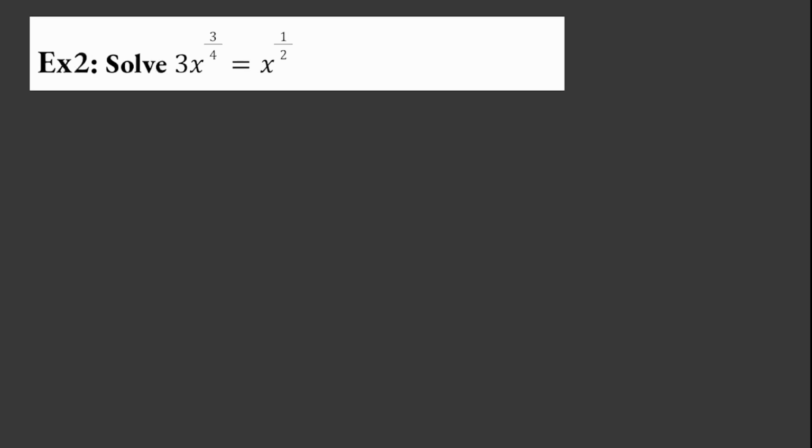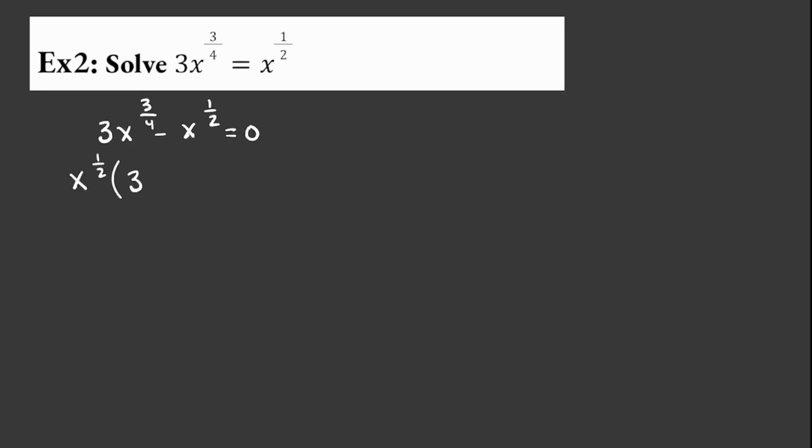Now let's look at this equation. I have 3x to the 3/4 equals x to the 1/2. My first step is to subtract x to the 1/2 from both sides. That gives me 3x to the 3/4 minus x to the 1/2 equals 0. Now I'm going to factor out the greatest common factor, which here is x to the 1/2. When I factor x to the 1/2 from the first term, the 3 stays, and factoring out is the same as dividing.